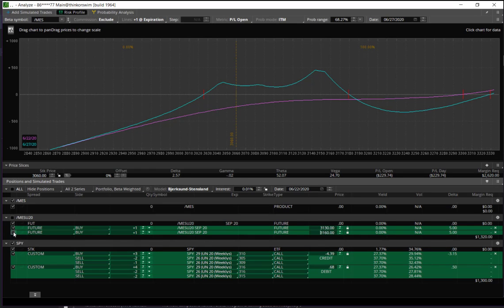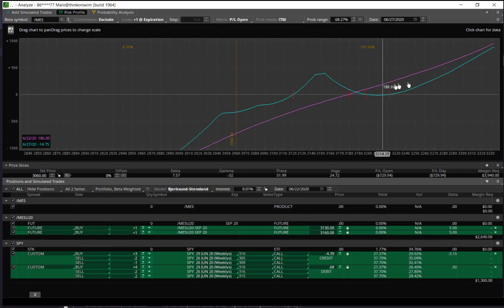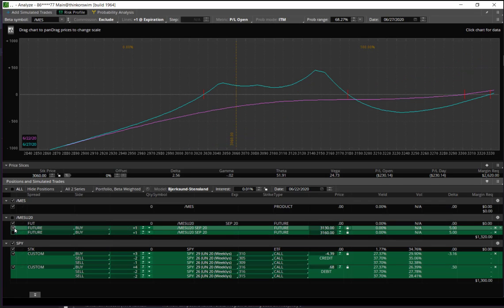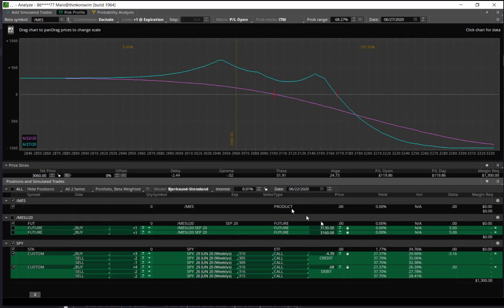So you can see what happens. 3130 for sure, and 3160 or 3170, something like that. That's my real trade. If it doesn't go to either one of those in the next few days, I'm just going to take my profit and get out. If it falls, I'm going to buy another.